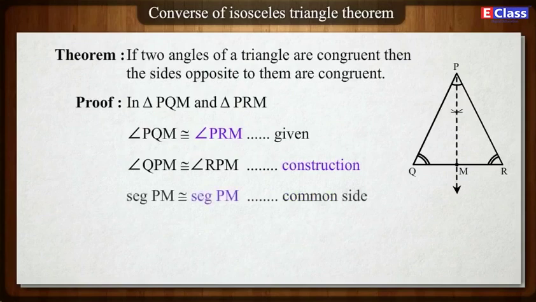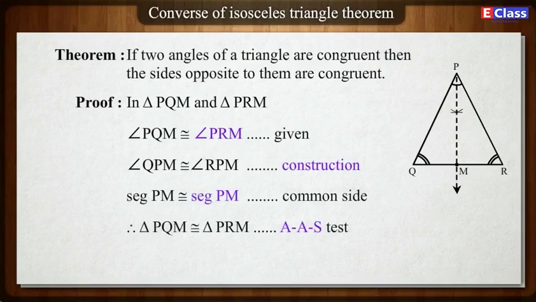Segment PM is congruent to segment PM as it is the common side. Therefore, triangle PQM is congruent to triangle PRM by AAS test. Therefore, segment PQ is congruent to segment PR by CSCT.